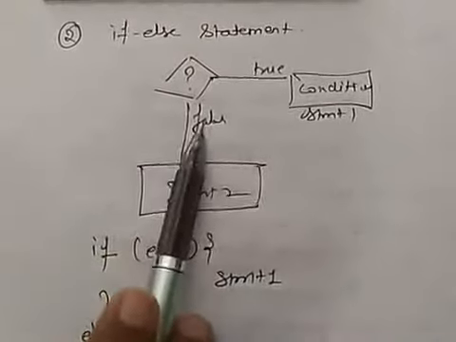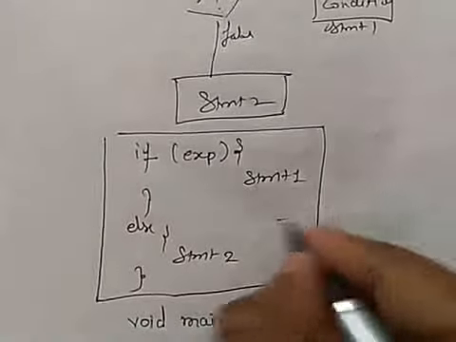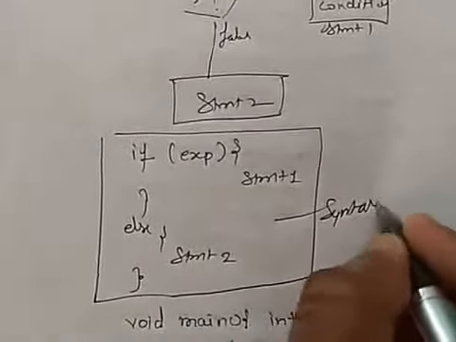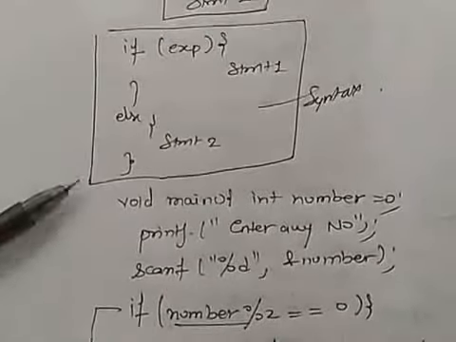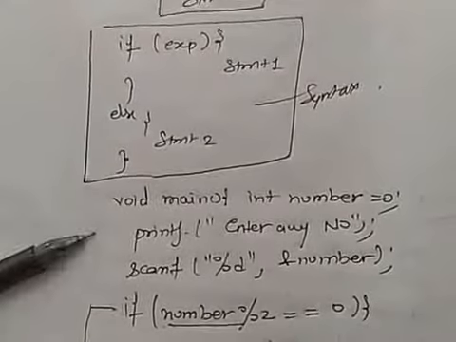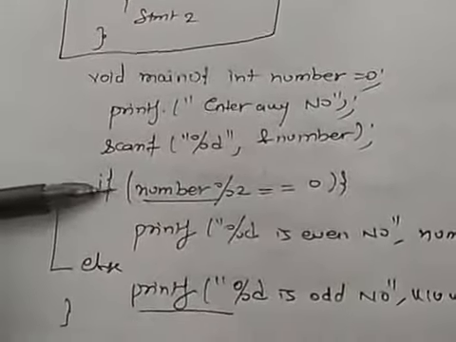If the condition is false, statement 2 is executed. And this is the syntax of the if-else statement, and this is the program to find out whether a given number is even or odd.